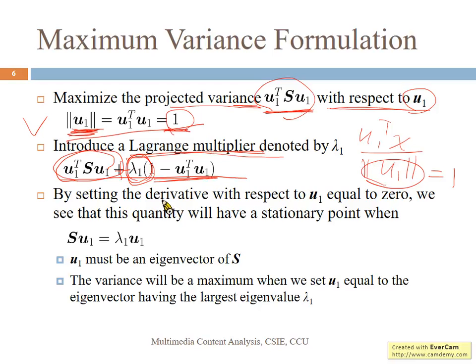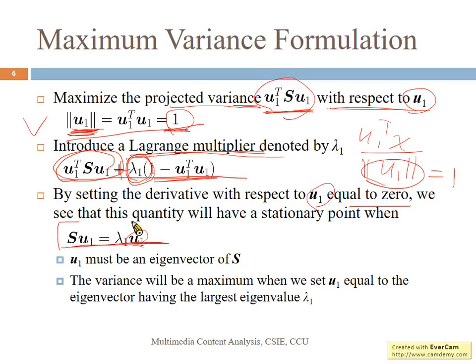By taking the partial derivative with respect to u1 and setting it to 0, we can solve for the optimal solution. And then finally, after some mathematical derivation, we can get that the best U1 has this characteristic: S U1 is equal to lambda 1 U1.